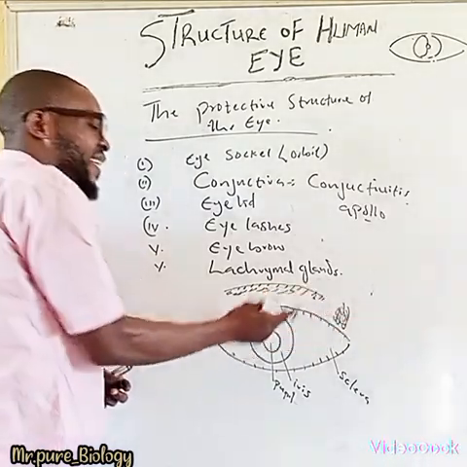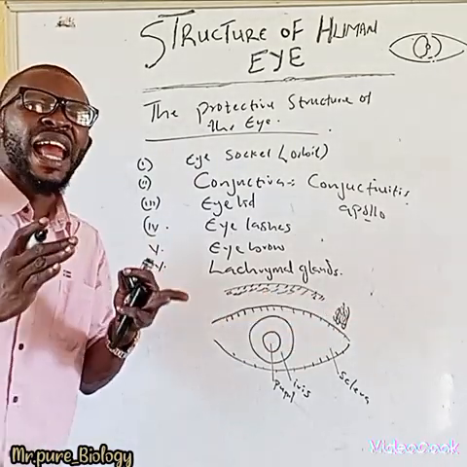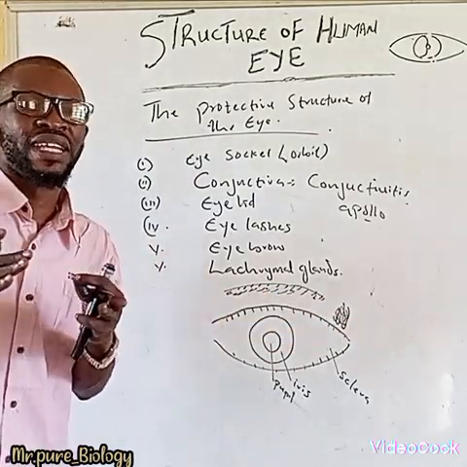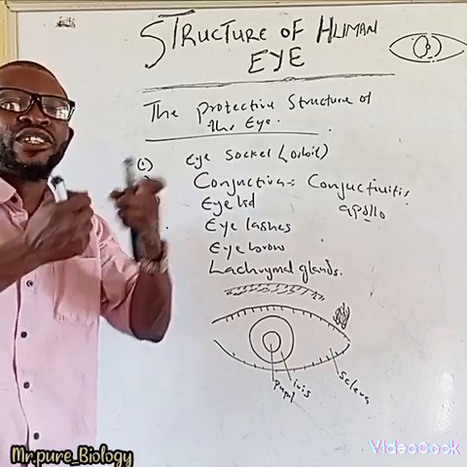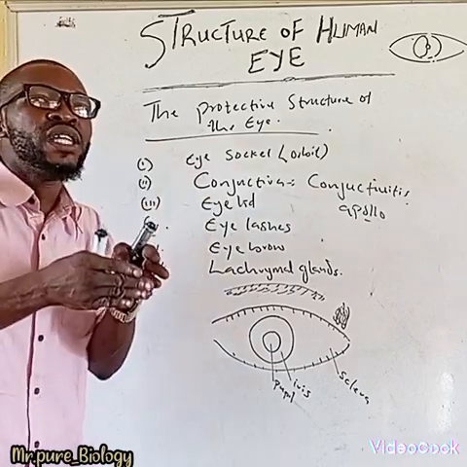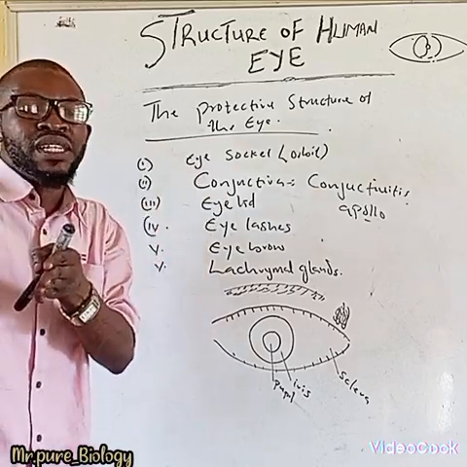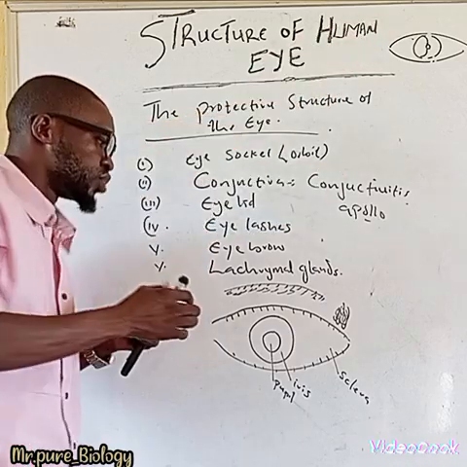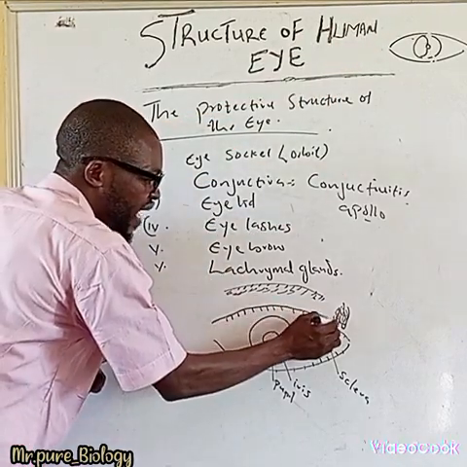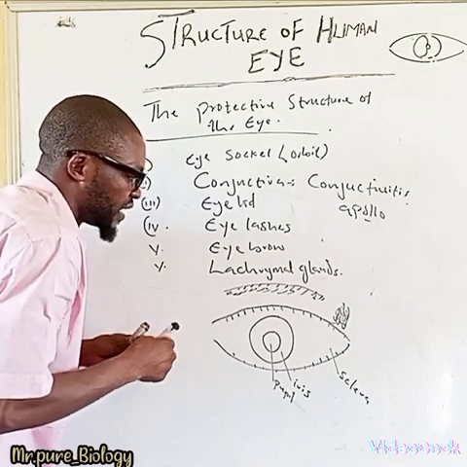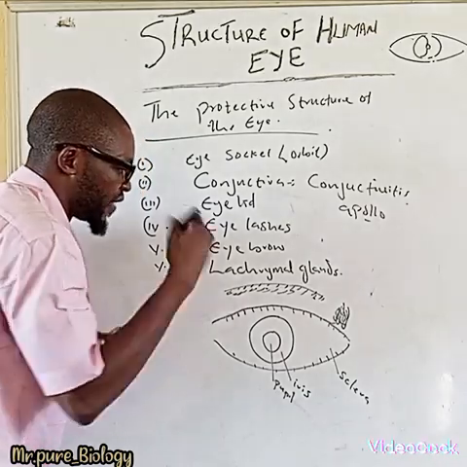As you can see, this gland is one of the exocrine glands in the body. An exocrine gland is a gland that has a duct, a channel through which the substance released by it will pass. So here we have the tear ducts.